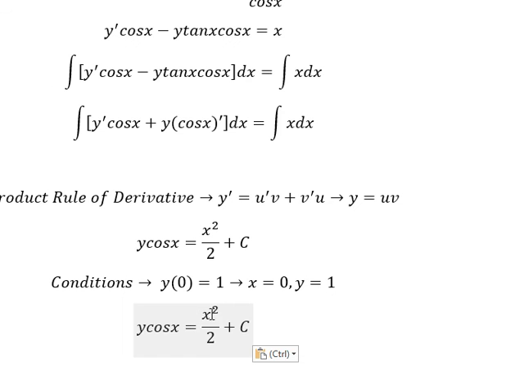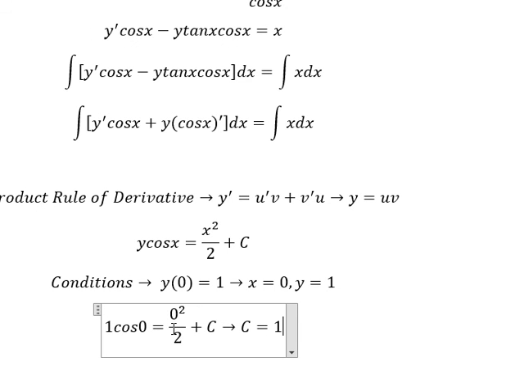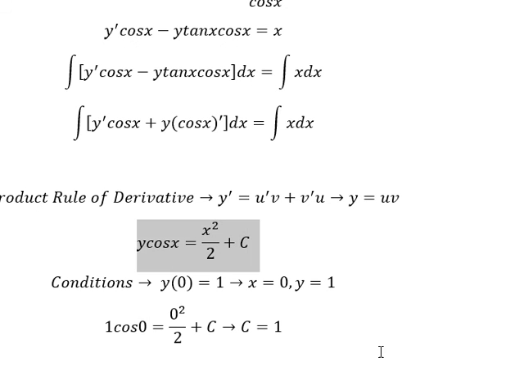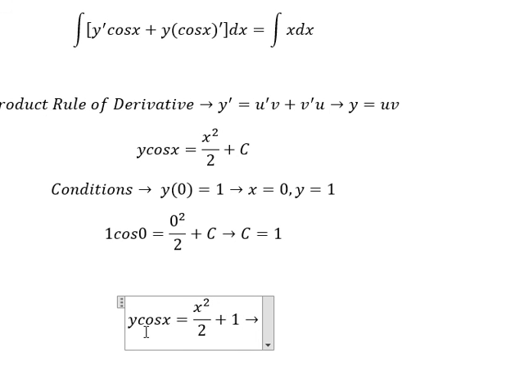So we put value 0 in here, and number 1 in here, and we get c equals 1, because this one you get 0, this one you get 1, and that's why you get c equals 1. So we put 1 in here, and later we divide both sides by cosine s.